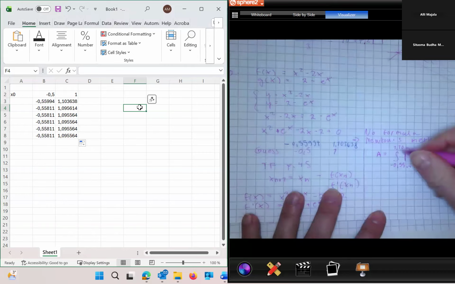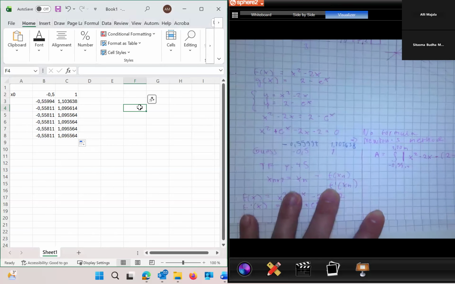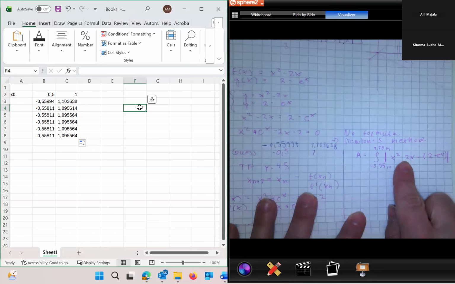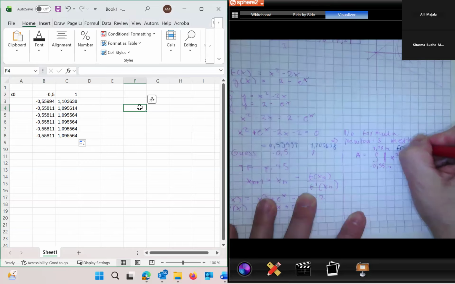I have that one as f(x). I could check which was on top and which was on the bottom. Minus g(x). So that was my f(x) and g(x).